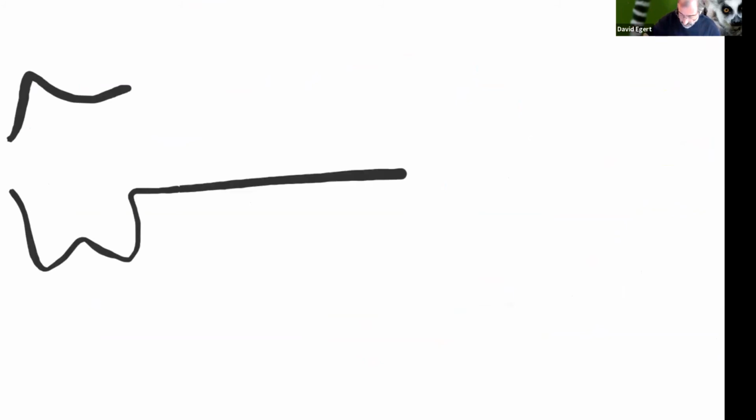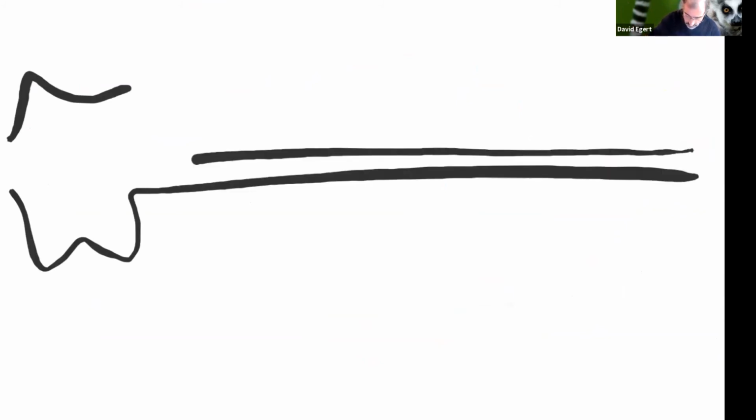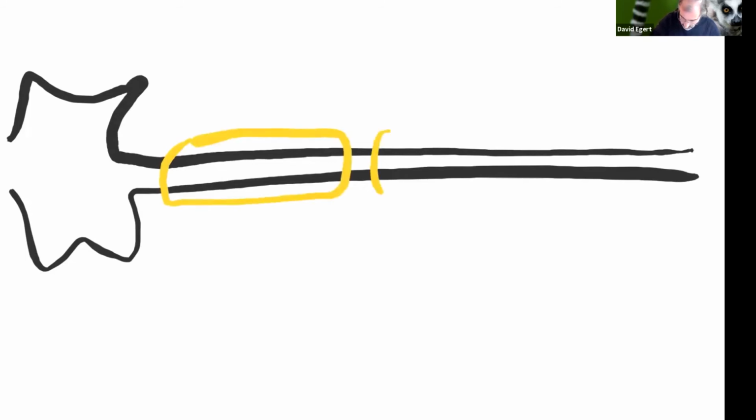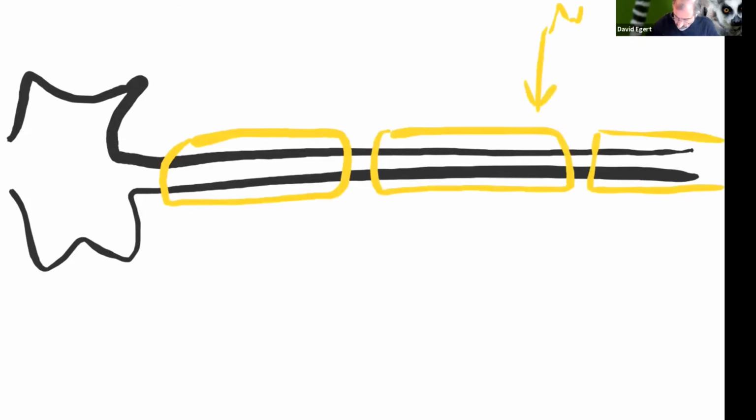So let me show you how this works. So the myelin is in what they call the myelin sheaths. We'll talk about this in more detail later, but it's basically made out of wrappings of specialized cell membrane.